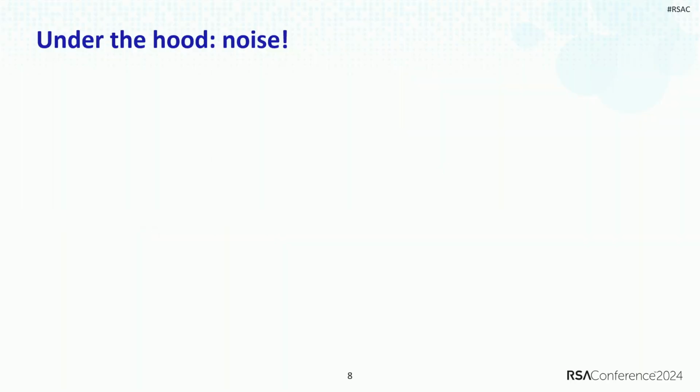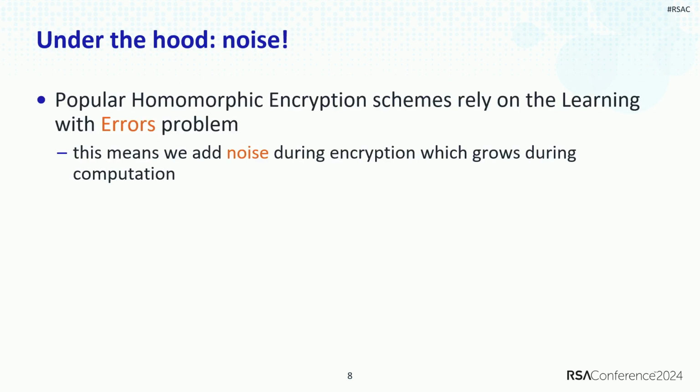And to talk about that a little more, Marc's done a great job talking about noise, but I've got to talk about it again. So popular homomorphic encryption schemes rely on the learning with errors or ring learning with errors problem. For our purposes, we don't need to know too much about this, but what I'm going to highlight is that it means we add noise during encryption, which grows or changes during computation.